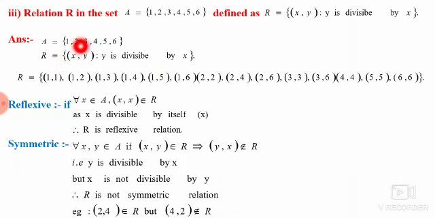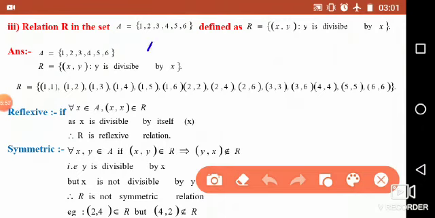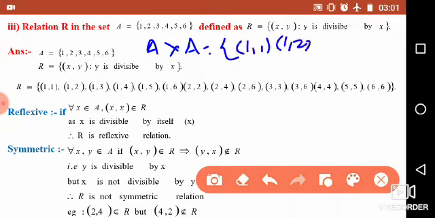Let me find out A cross A. The A cross A elements are a set of ordered pairs (1, 1), (1, 2), (1, 3), (1, 4), (1, 5), (1, 6). Now let me write the elements of the given set. Here A cross A is a set containing the ordered pairs (1, 1), (1, 2), and so on up to (1, 6).